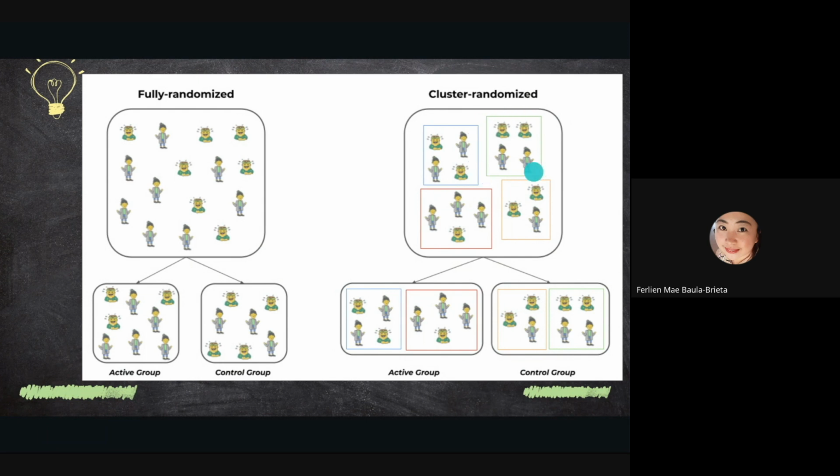So the boxes here can be examples of communities, cities, schools, but this time they are randomized. Okay, so this is called a cluster randomized clinical trial. So what's the advantage of this one, the cluster randomized?